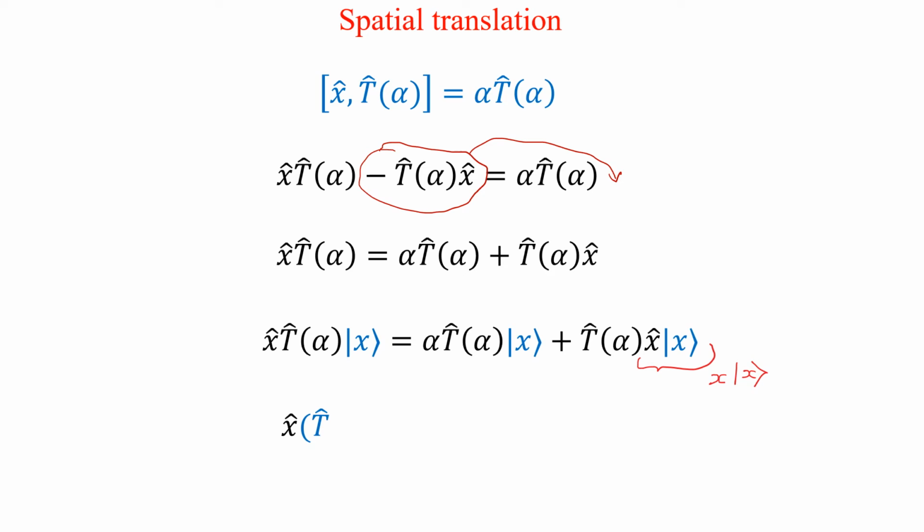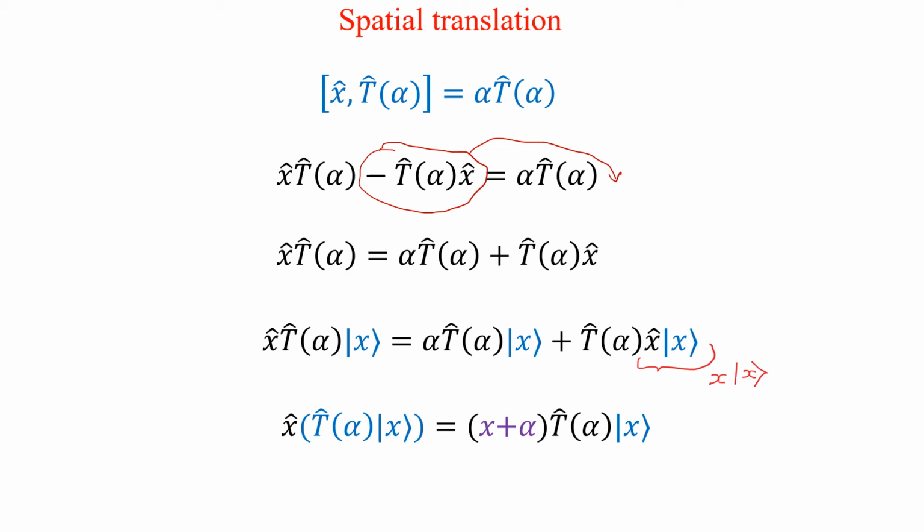I can explain this here: taking the second term first, x plus α times T. Since I have taken this x to the left side of the operator T, because it's a number, I can take x plus α, where α is also a number. So x plus α is equal to T(α)|x⟩.